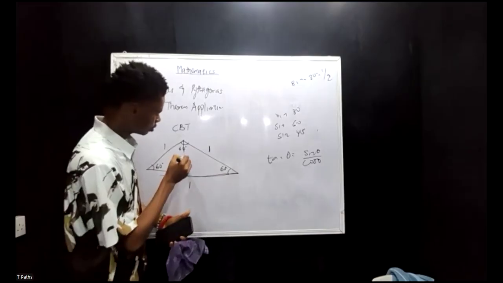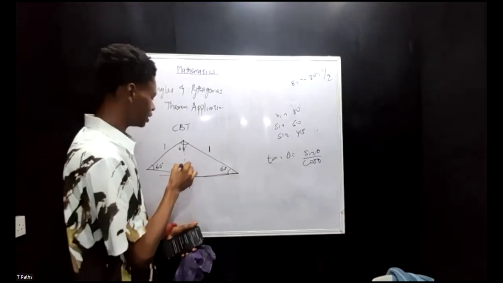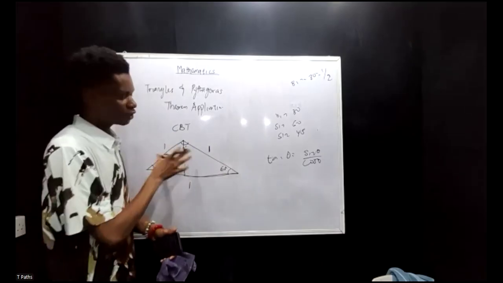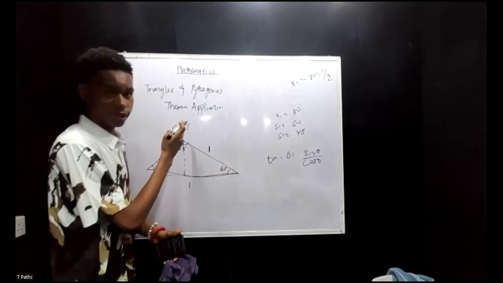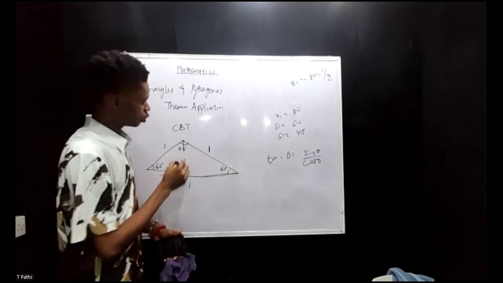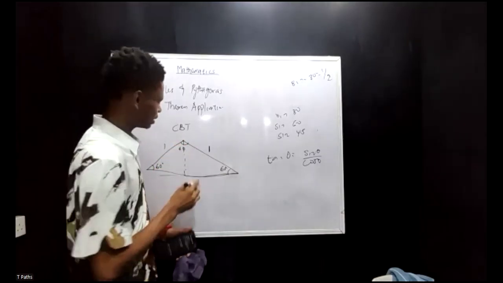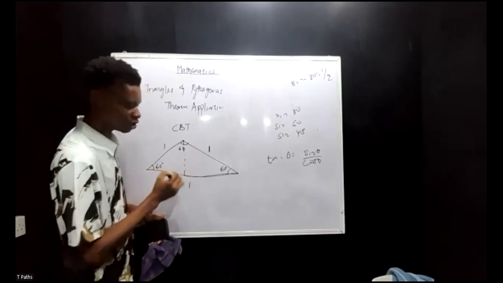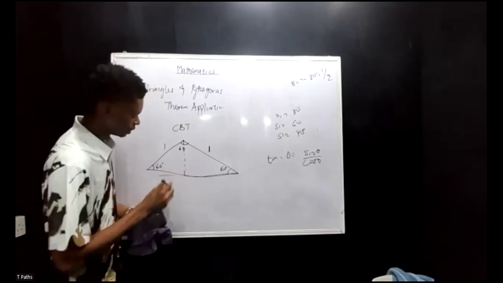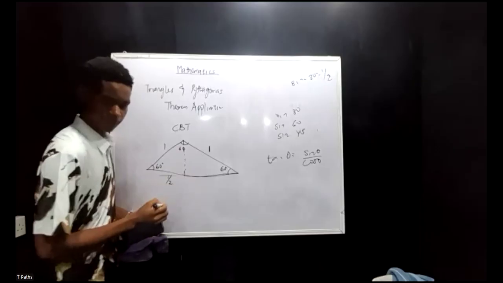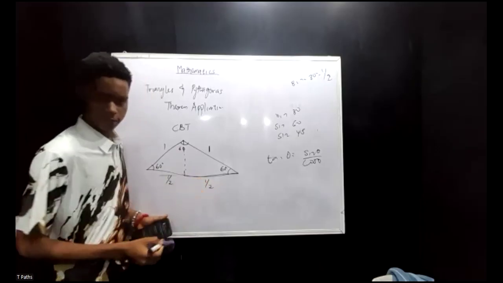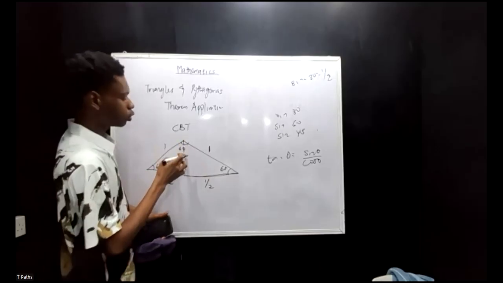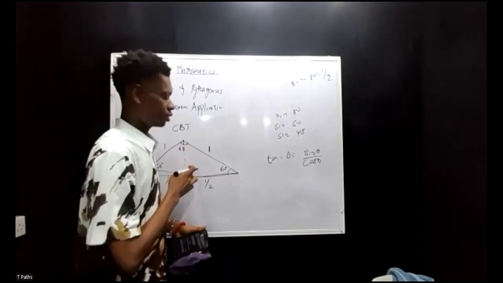This dotted line is the symmetry line dividing this triangle into two equal parts. So this part will be half, this part will be half, right? Half plus half is 1. I'm dividing this triangle into two equal parts with this vertical line.